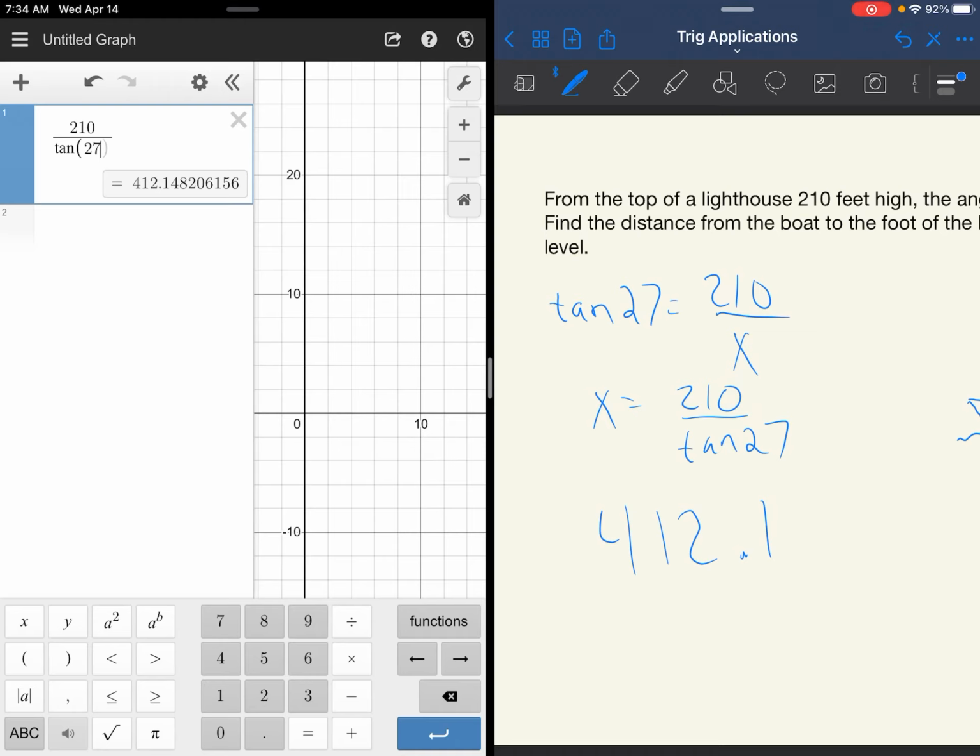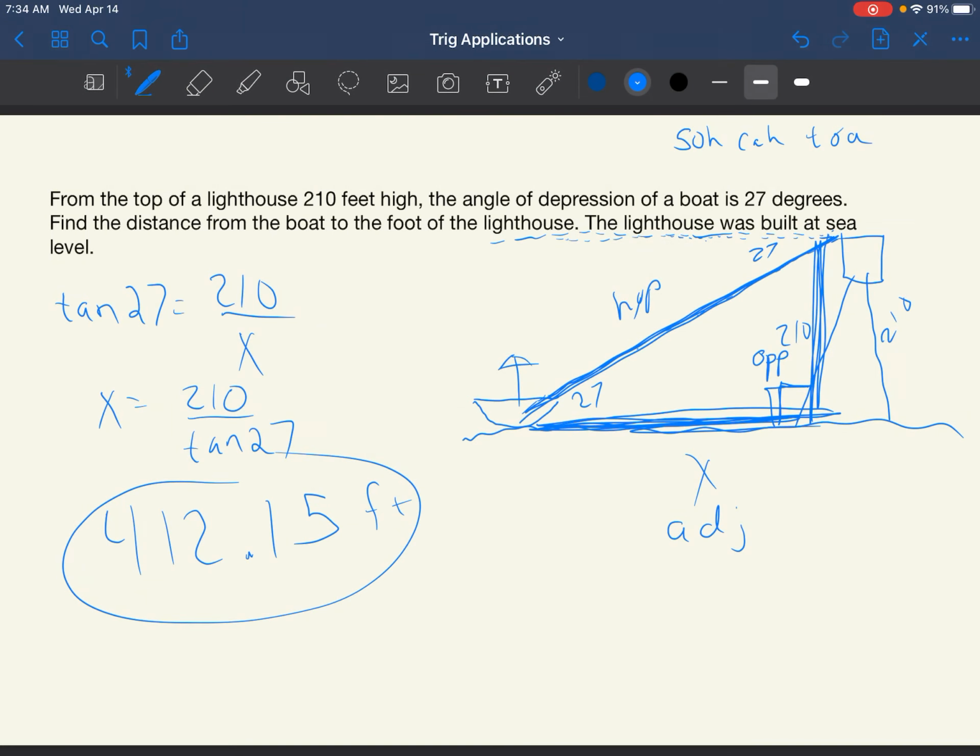I'll go ahead and round that 4 to a 5, so 412.15 feet. That is the distance of the boat to the lighthouse. Okay, so that concludes our lesson on trig applications.